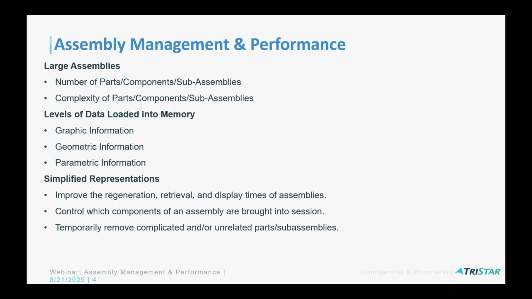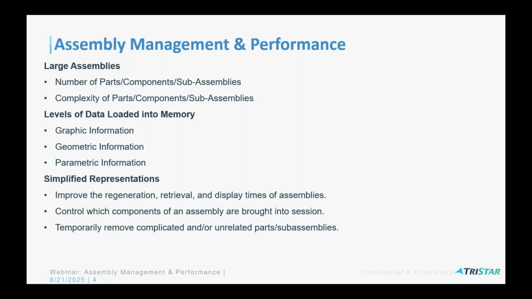When Creo opens an assembly, there are several levels of data that get loaded into memory. The first thing that gets loaded is the graphic information of the assembly. That gives us the ability to see the assembly and the components and so on. The next thing that gets loaded is the geometric information.